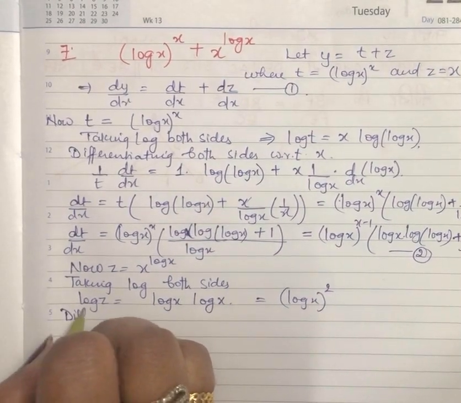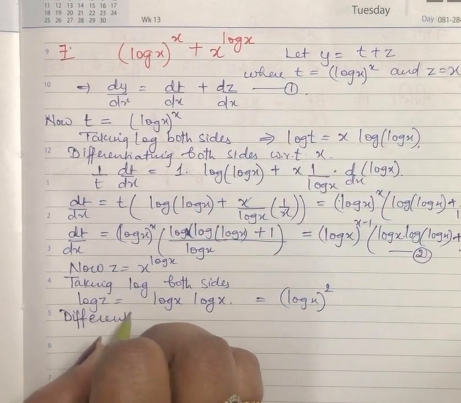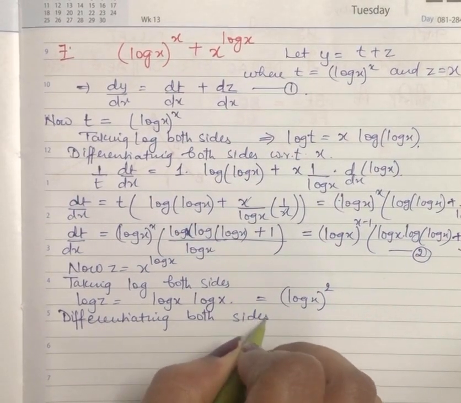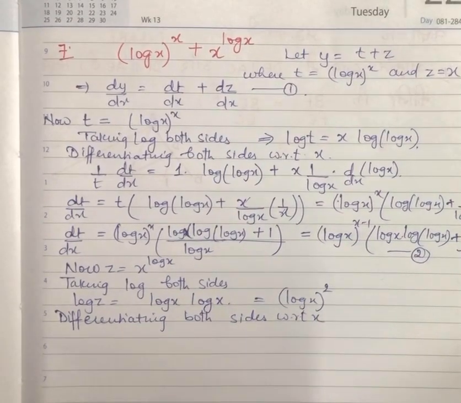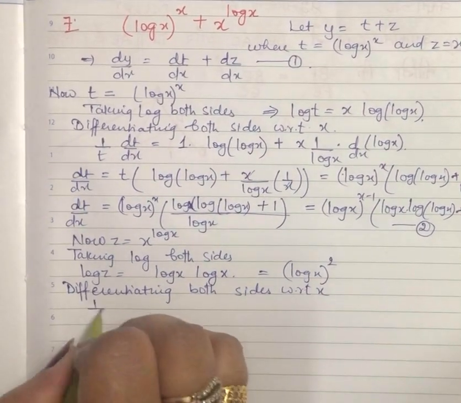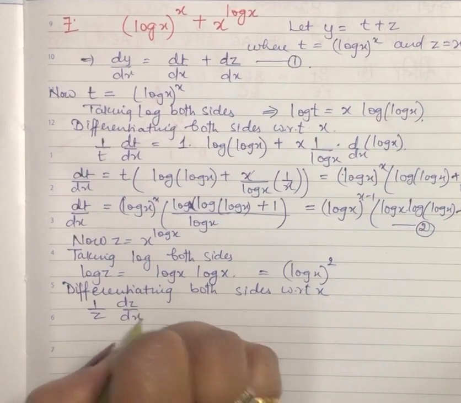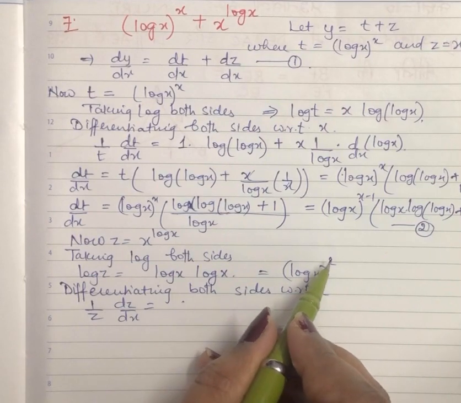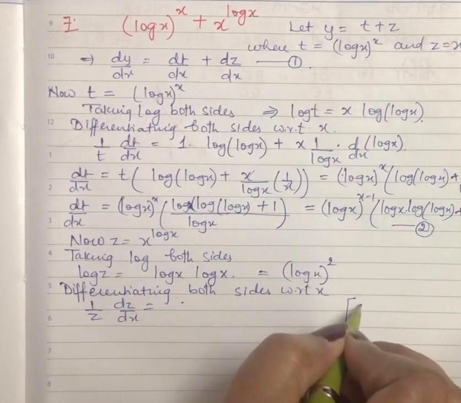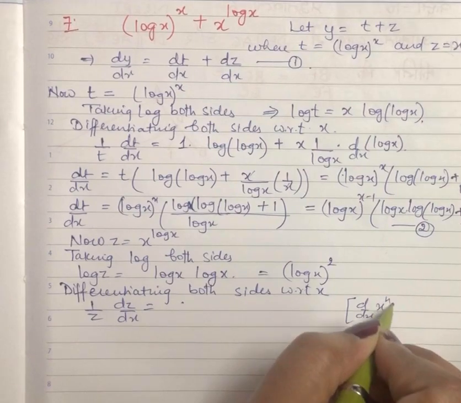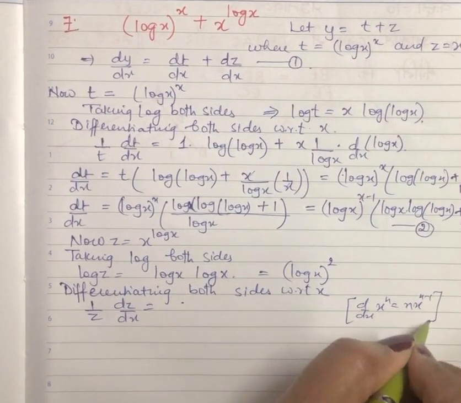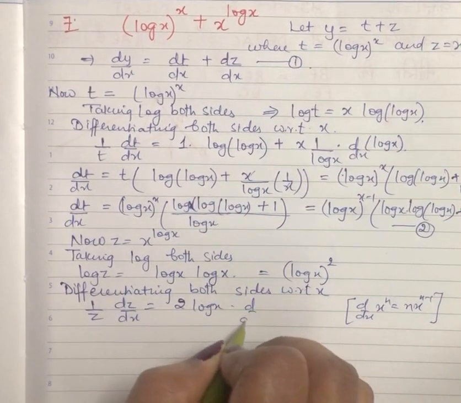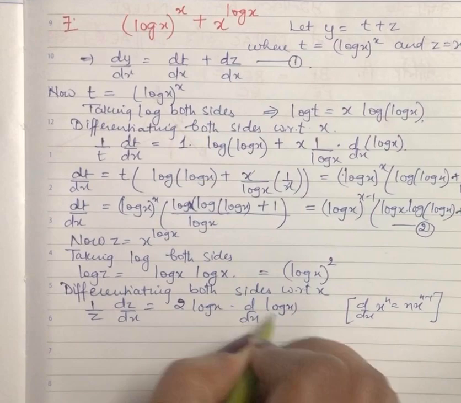Now differentiating both sides with respect to x, what we get, 1 by z dz by dx is equal to, now here we will apply the formula d by dx of x to the power n is equal to n x to the power n minus 1, and chain rule also, so it becomes 2 log x into d by dx of log x.